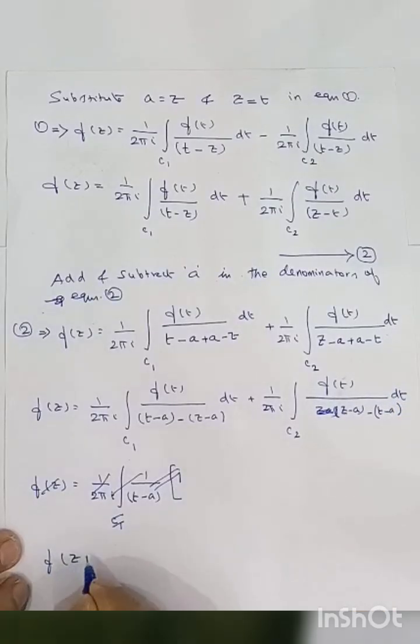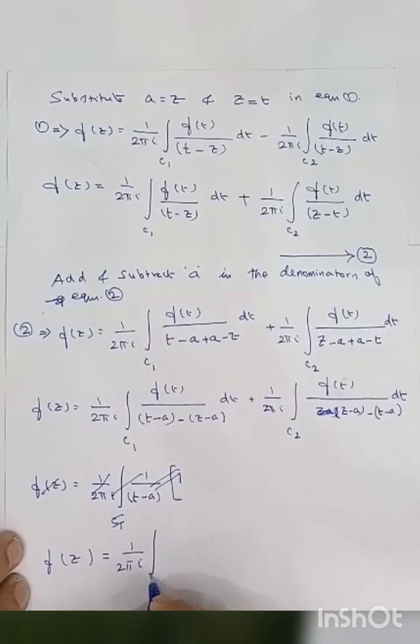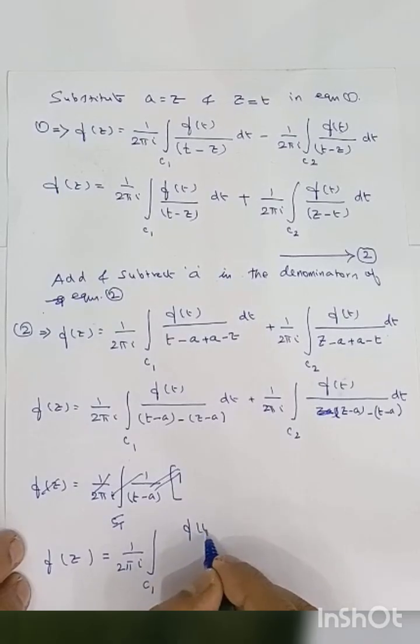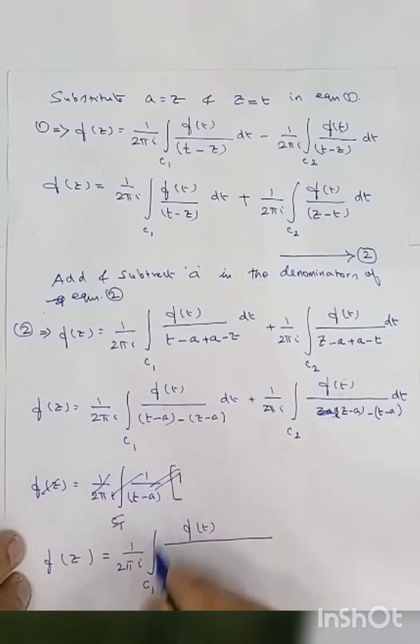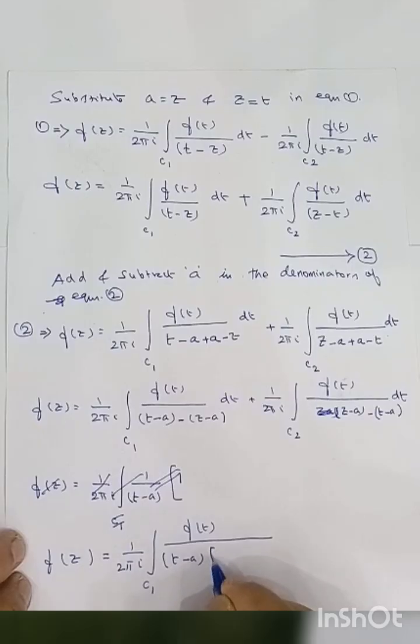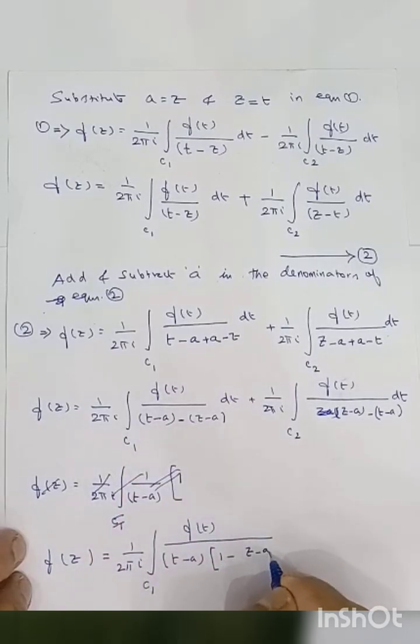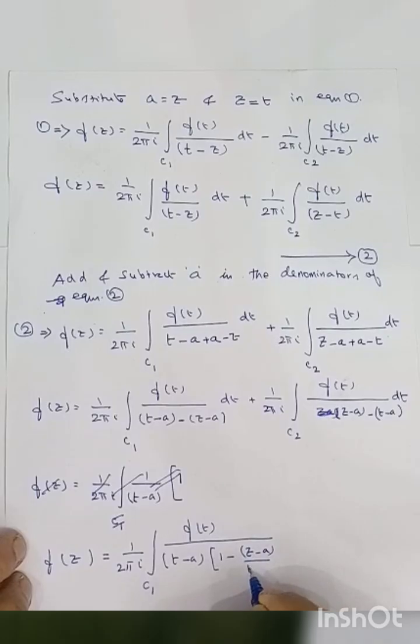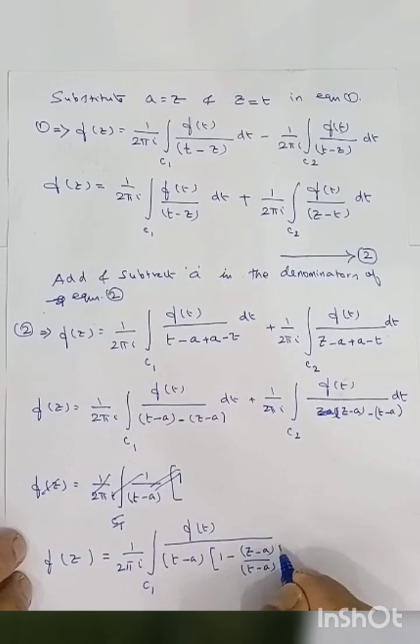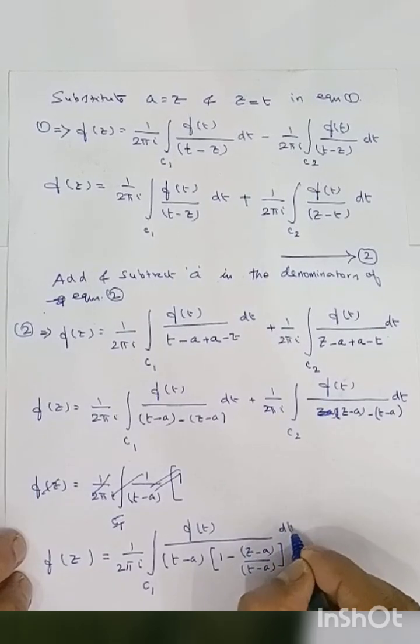So f of z is equal to 1 by 2 pi i closed integral C1 f of t divided by, I will take this t minus a outside, so t minus a into, when you are taking out, then 1 minus z minus a divided by t minus a, okay, into dt.